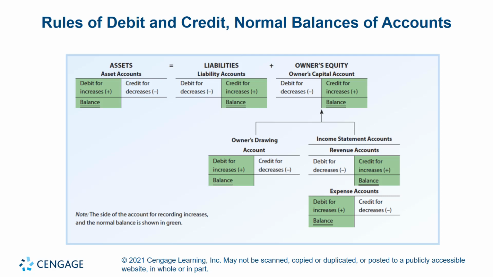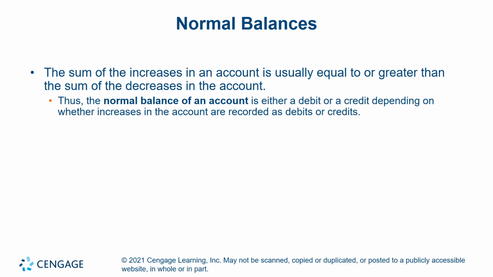And this could be a debit or it could be a credit account balance, depending on the account. We call this the normal balance of the account. Again, the sum of the increases in an account is usually equal to or greater than the sum of the decreases in the account.